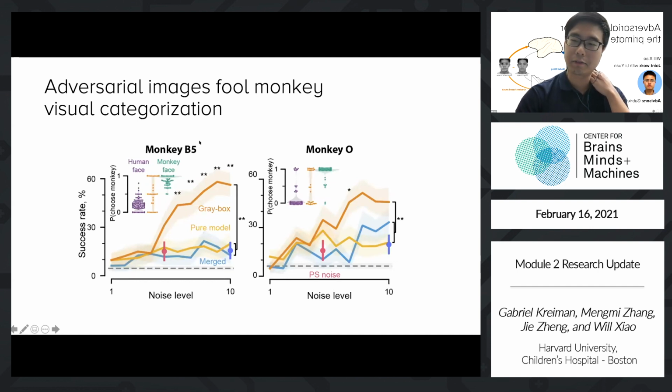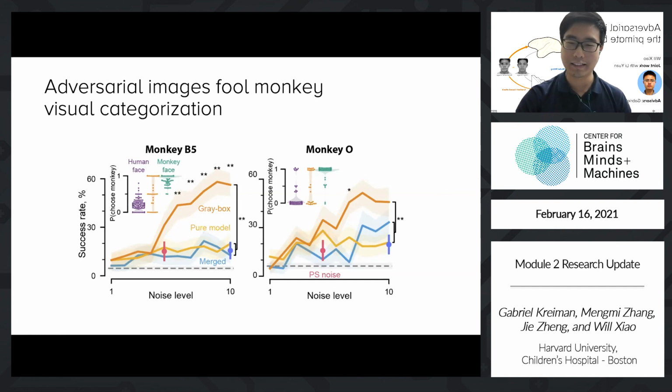Again, the success rate is the fraction of images that were categorized as the opposite class. Each dot in the inset is an individual image, and the inset shows the fraction of trials on which the image is chosen as each class. Again, the dashed gray line here shows accuracy, or error rate, on clean images.